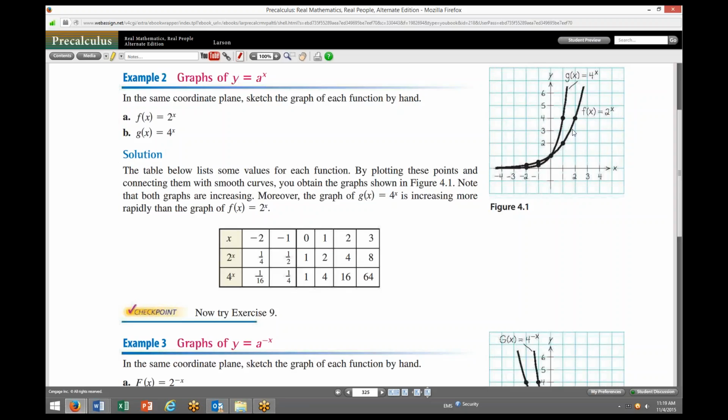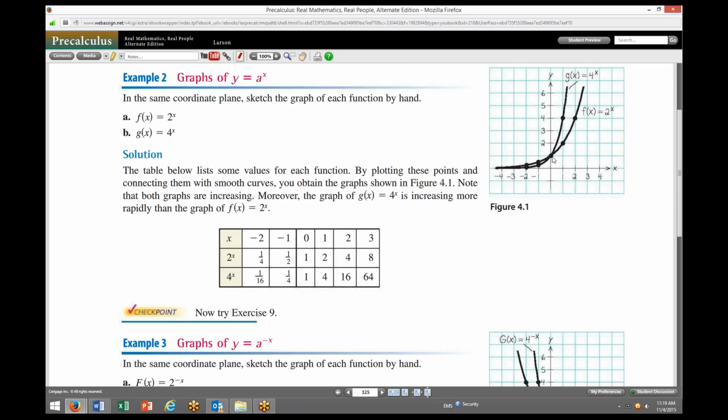And this graph perhaps can help us visualize why, regardless what x is, what kind of strange number it is, 2 to that power is an actual real number. And what about when x is negative? What happens?